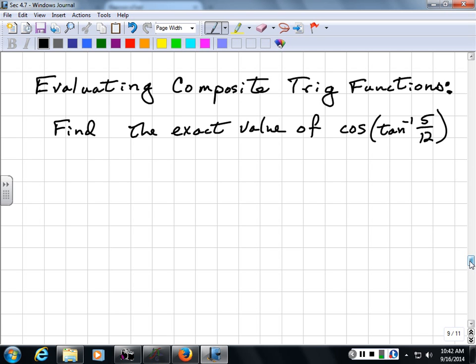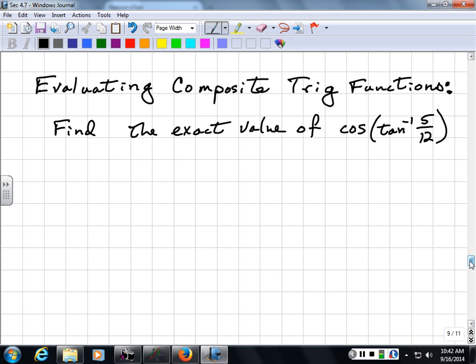You don't have to answer it, because I know most of you probably don't. Why? Because you haven't been given that information yet. But when I say find the exact value, and we are almost out of time, I will just state this, and then we'll finish this one on Thursday, and then we'll crank out 4.8. We will have a test a week from Thursday, okay? I know that's probably not what's in the schedule, but oh well.